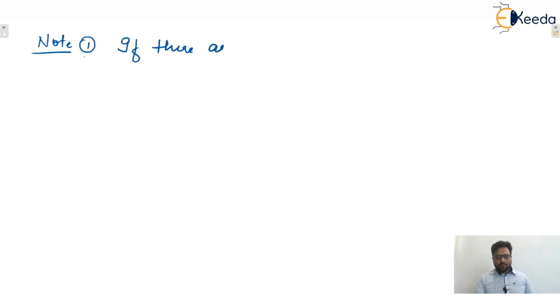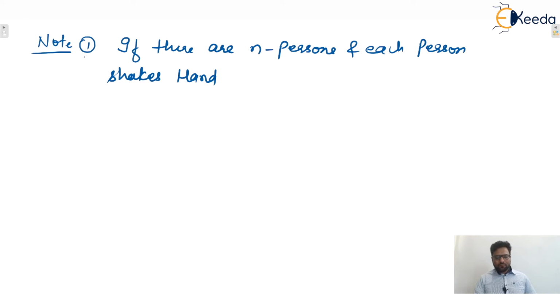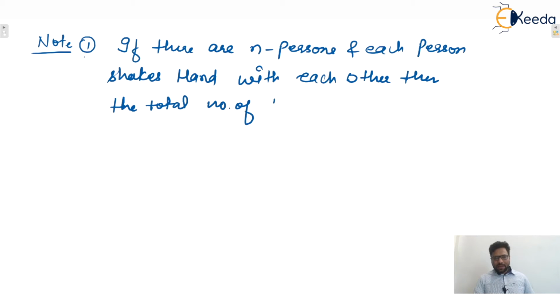There are, let's say, n persons, and each person shakes hand with each other, then the question is the total number of handshakes is equal to, that is the question.